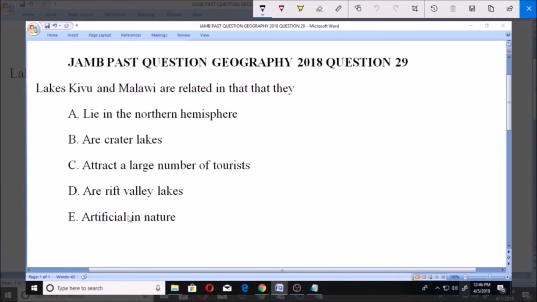Now, to put this in perspective, we need to know that in this area where we have Malawi and Kivu, rift valley lakes are lakes formed as a result of faulting.